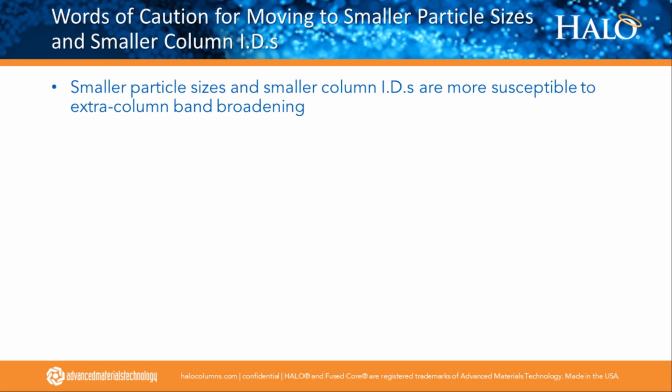I do have some words of caution for moving to smaller particle sizes and smaller column IDs. So those smaller particle sizes and smaller column IDs are more susceptible to extra column band broadening. So extra column band broadening also is known as dispersion.